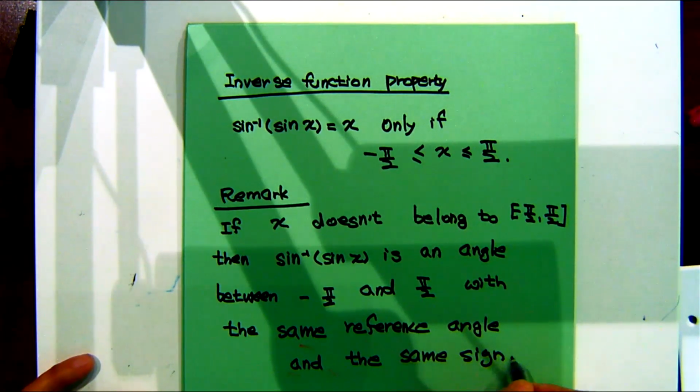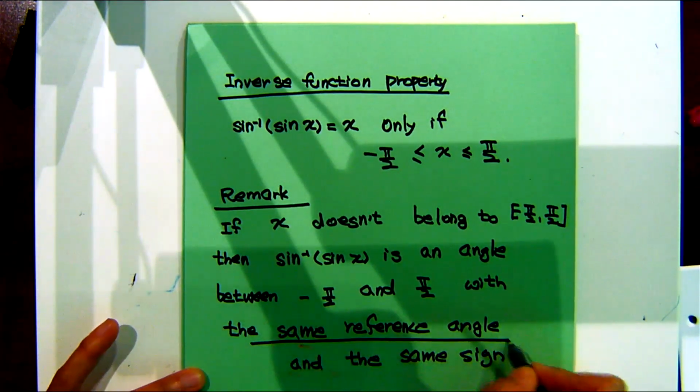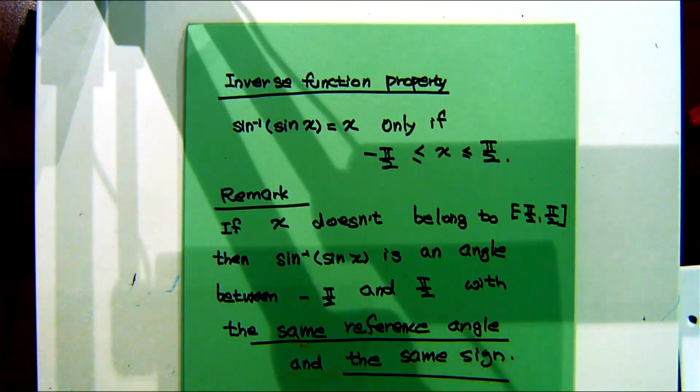What is important here? The same reference angle and same sine, but we have to put the angle back to the region we are thinking about, negative pi over 2 to pi over 2.